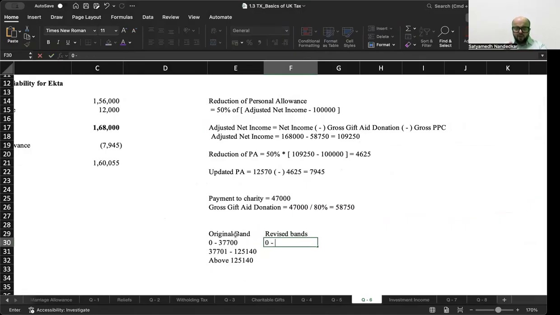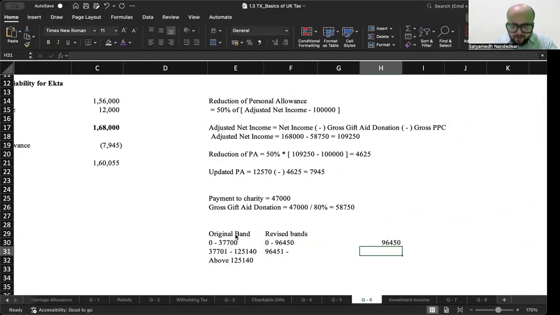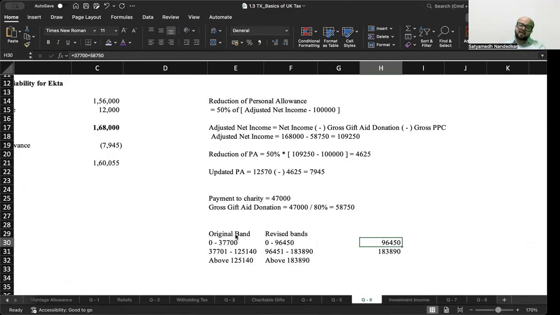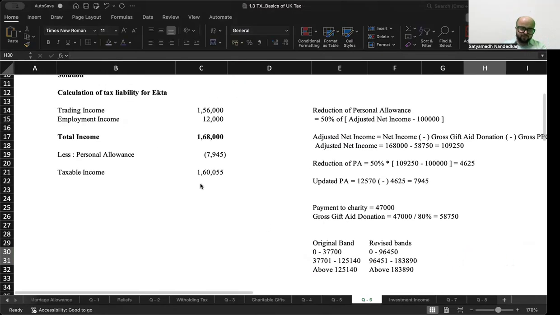This is 0 to, in 37,700, we add 58,750. That is 96,450. Then 96,451 to 125,140 plus 58,750, 183,890, and then above 183,890. Okay, these are my revised bands.